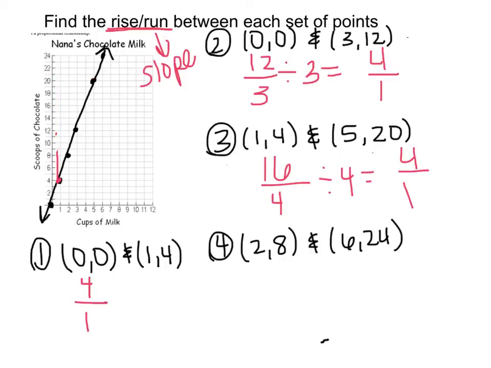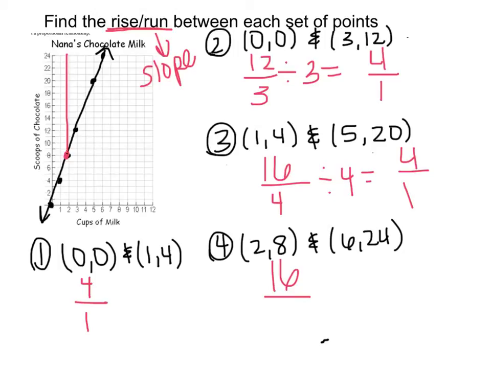Now let's do the last one. We are going to start at 2, 8, which is right here. And we want to go from 2, 8 all the way up to 24, which is going to be all the way up here. So you want to count the number of blocks in between there. And the number of spaces between 24 and 8 is going to be 16.